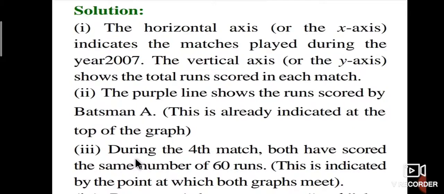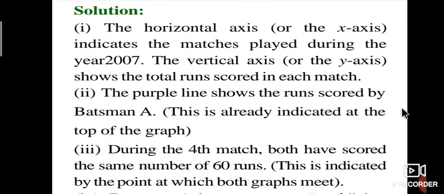Third one: during the fourth match, both have scored the same number of 60 runs. This is indicated by the point at which both graphs meet. Is it understood?